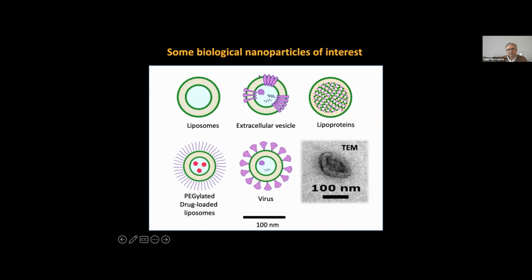These are basically things like liposomes or small SUVs that have proteins in their shell or inside. They could have RNA, they could have proteins, and so analyzing this is very important.